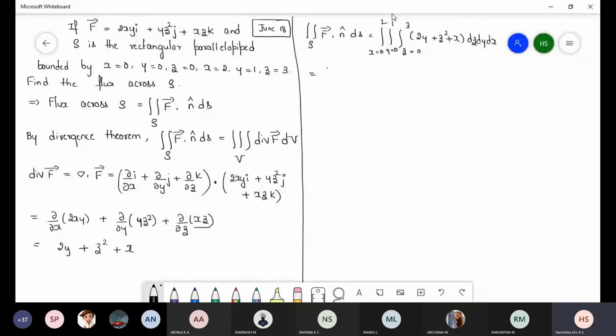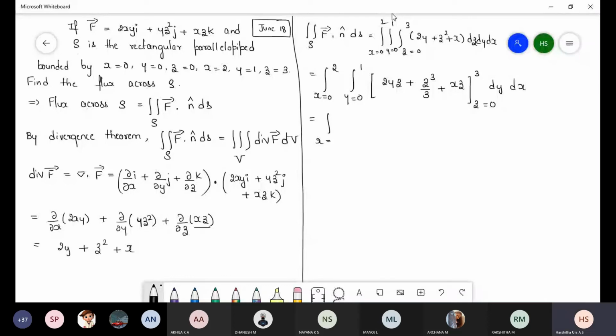First do the integration with respect to z. So 2yz plus z cube divided by 3 plus xz, where the limit varies from z is equal to 0 to 3, and here I write dy dx, with x from 0 to 2 and y from 0 to 1.